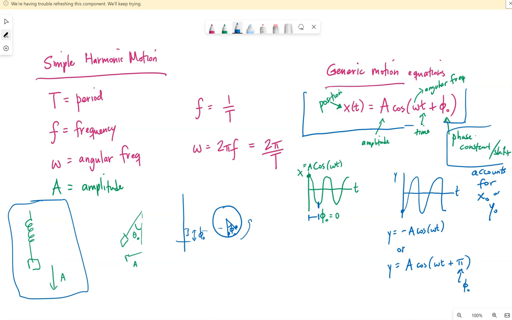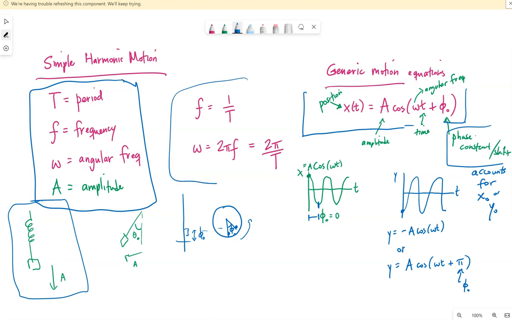So as of right now, basic definitions of motion. Again, we're talking about ideal oscillations first. And we have some basic equations relating frequency and period, and this generic equation of motion, which we'll build on in the next video.